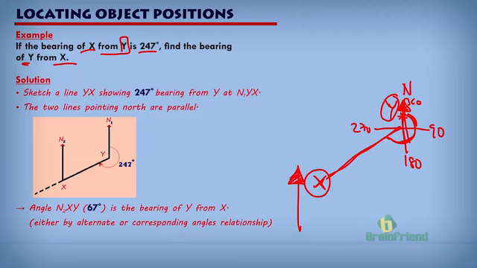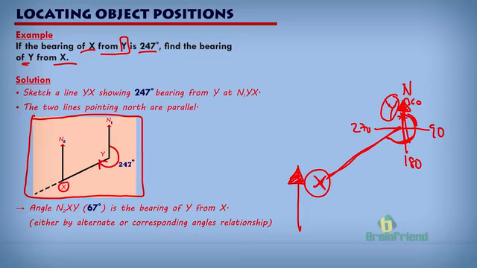Now there are two ways to go about this. Here is a better diagram than what we've drawn so far. I just drew this so that we better understand. From Y, we had that angle 247 degrees where we trace our line to find X. This line indicates our northern point for Y and another for X. So what is the bearing of Y from X?